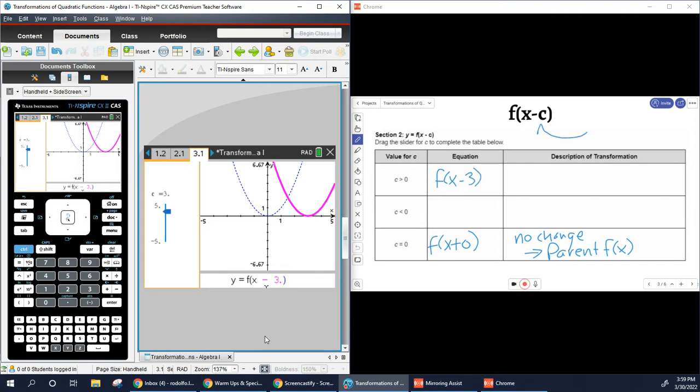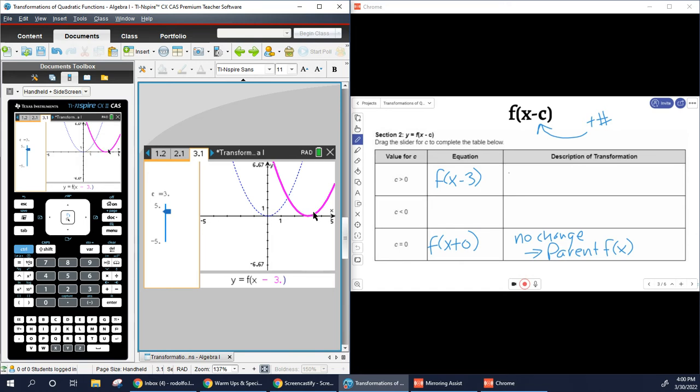This right here is you're subtracting a number. So if you're subtracting a positive number, what happens on the inside? What you're really doing is you're saying x minus 3. So we're going to actually move in the opposite direction inside the parentheses. So minus a positive number means you're going to shift this function 3 units to the right.